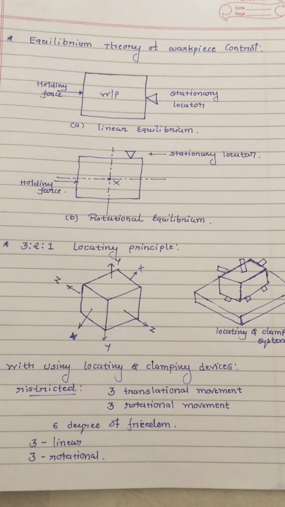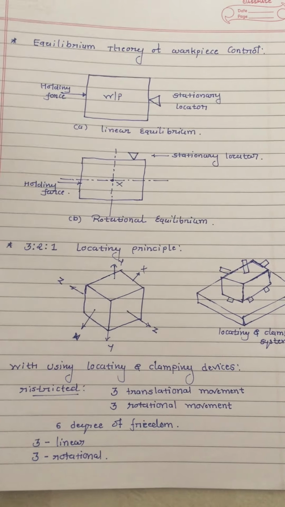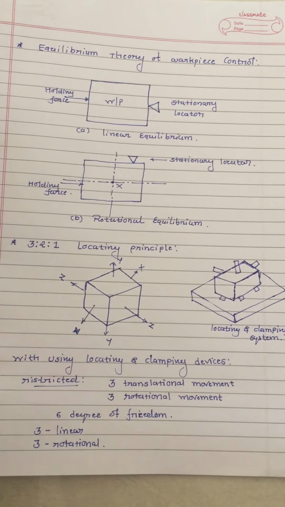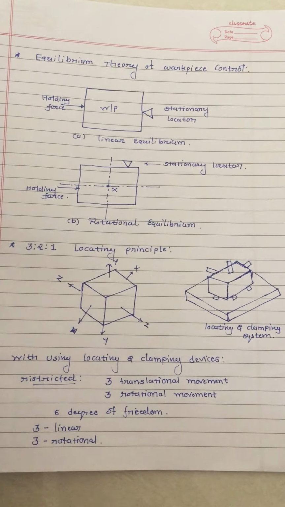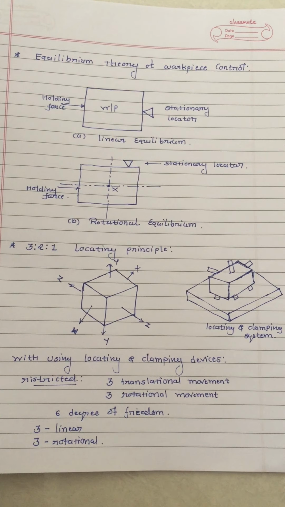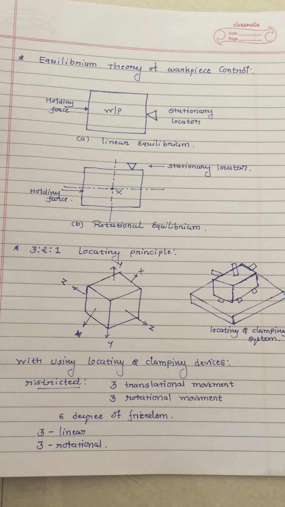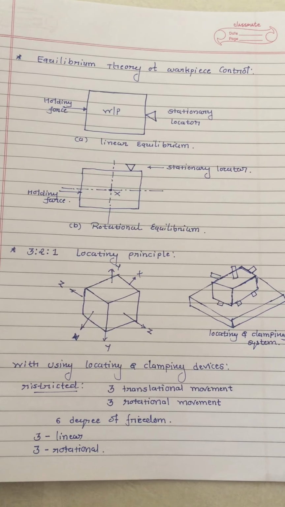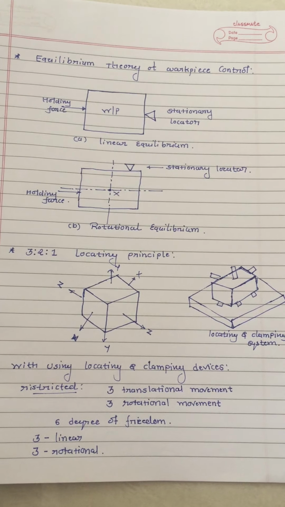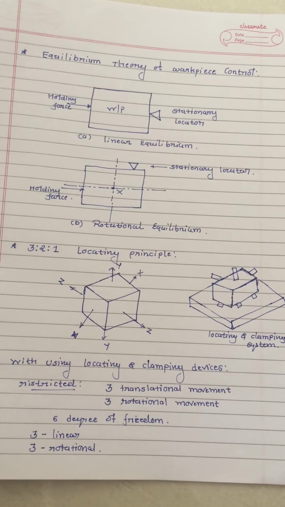For any object, we have three kinds of motions: x direction, y direction, and z direction motions, right? And with proper clamping or locating devices, we have to restrict the 3 rotational and 3 translational motions during the operations.